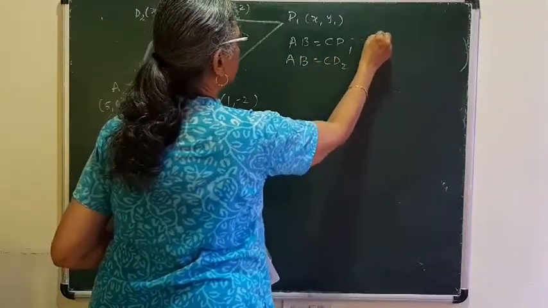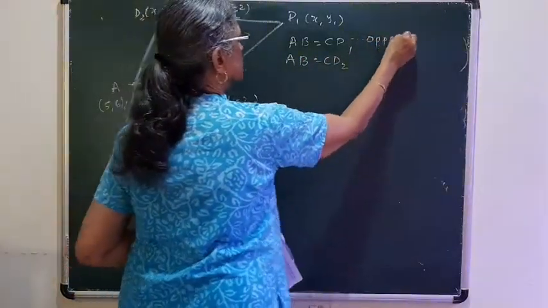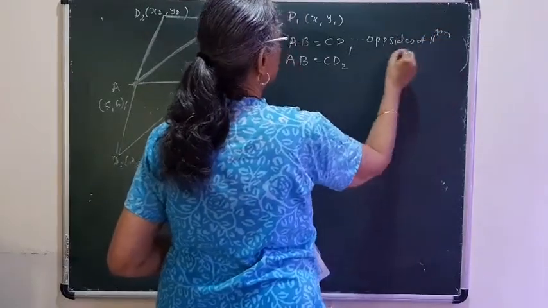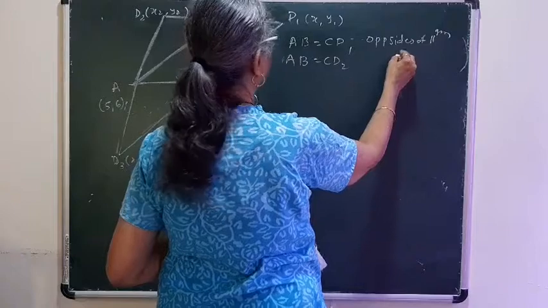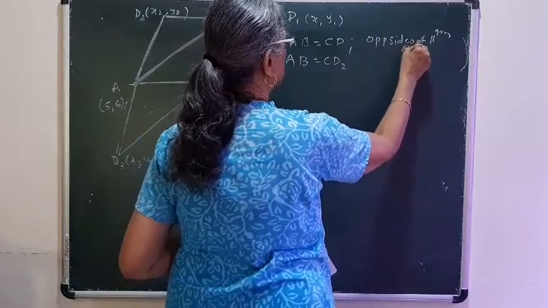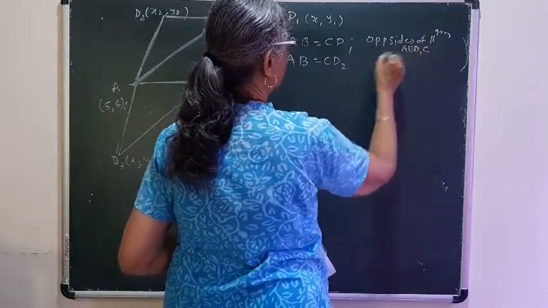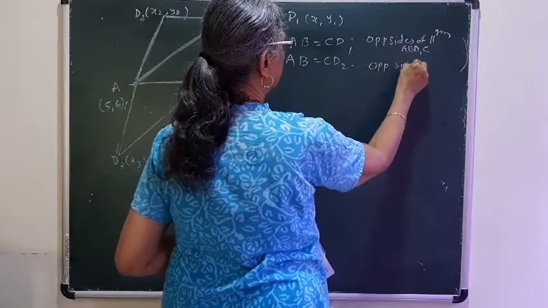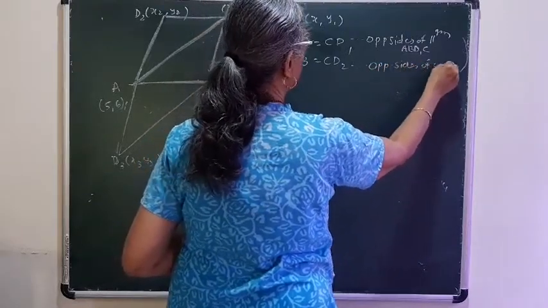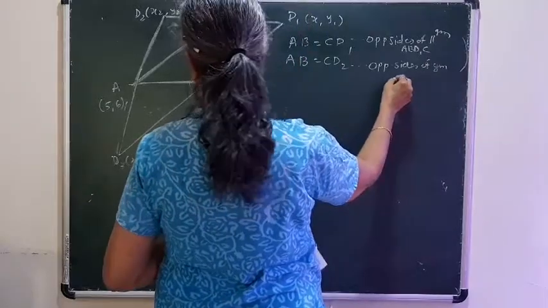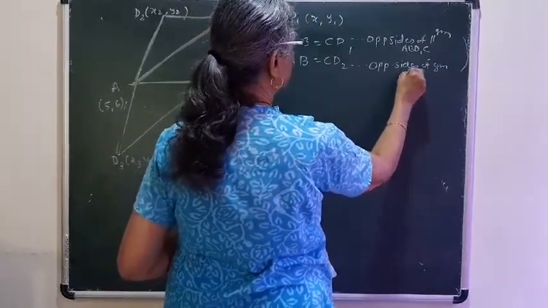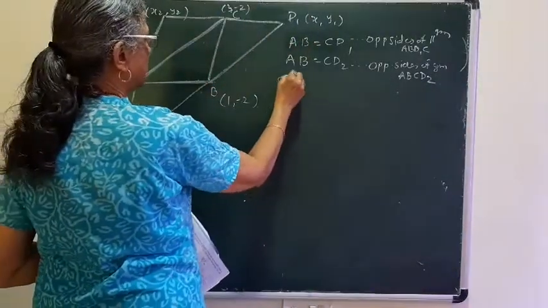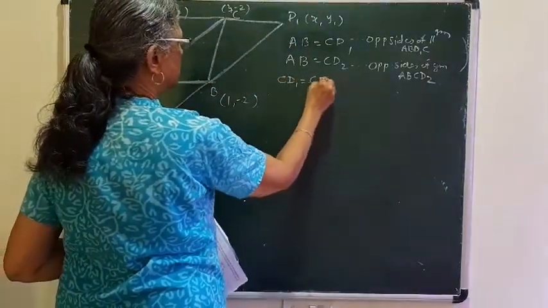Here opposite sides of parallelogram ABCD1 and another here opposite sides of parallelogram ABCD2. So from this what conclusion we have? CD1 equal to CD2.